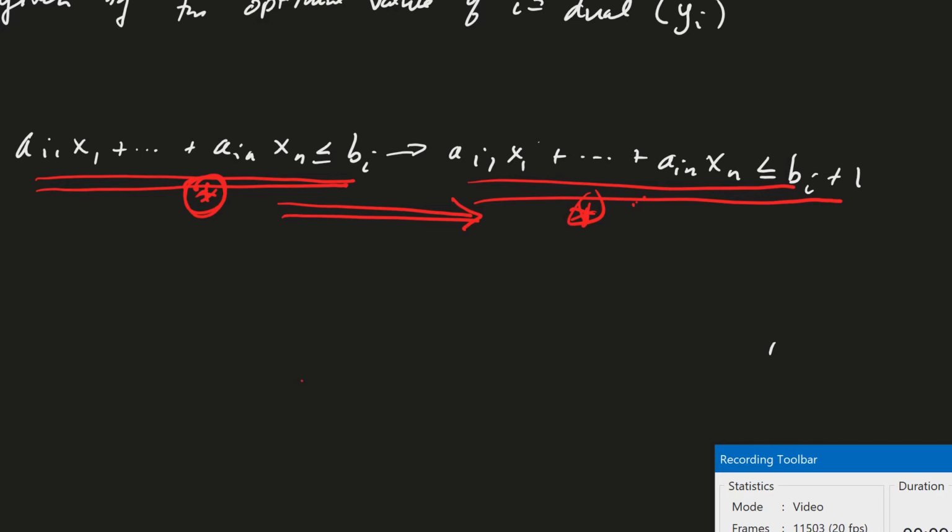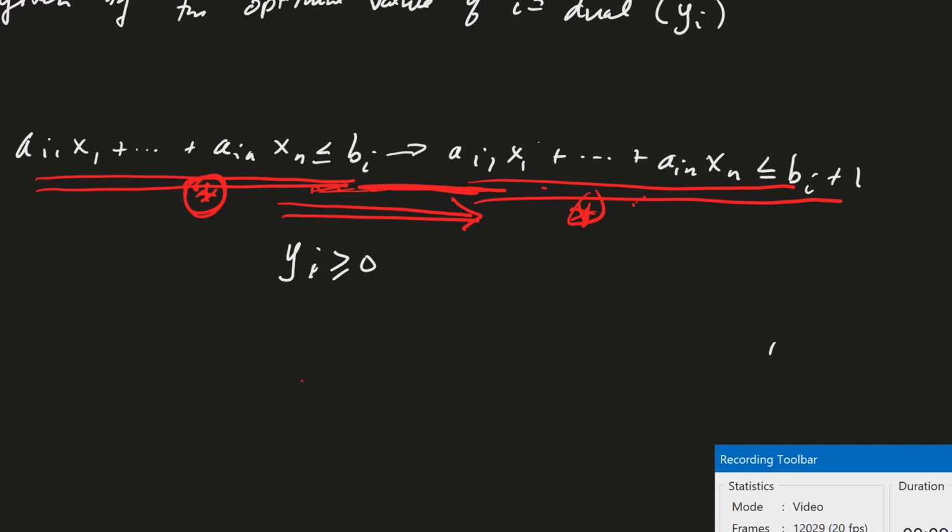And so this observation is saying that the ith shadow price is always greater than or equal to 0. So yi is greater than or equal to 0.